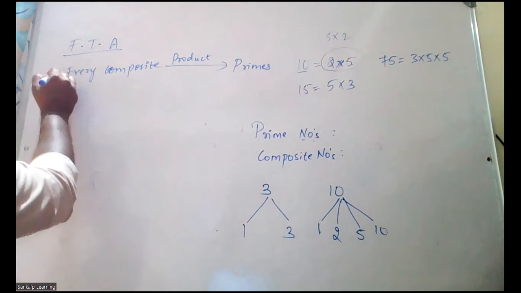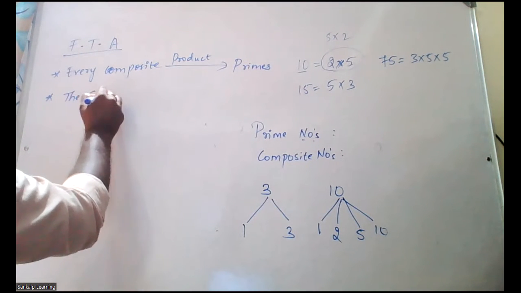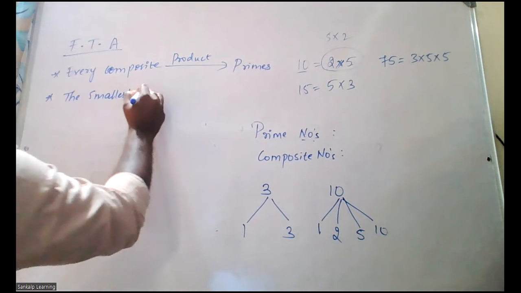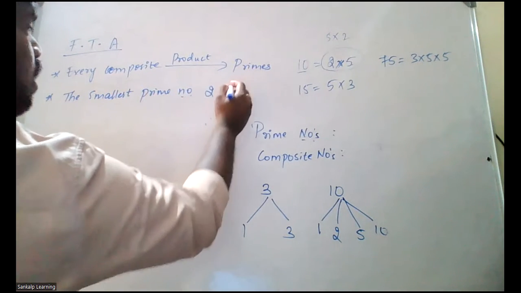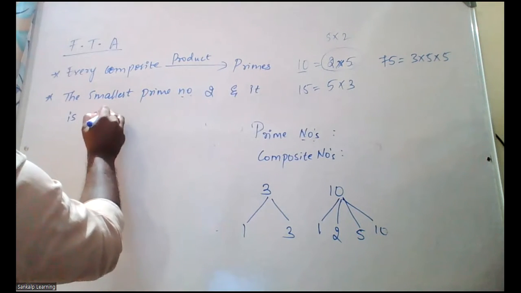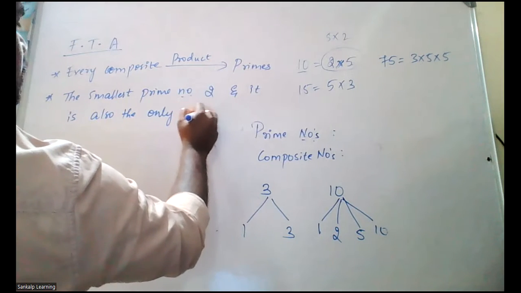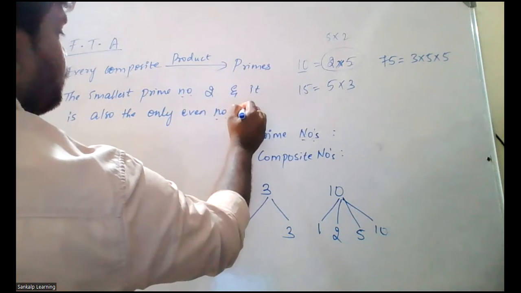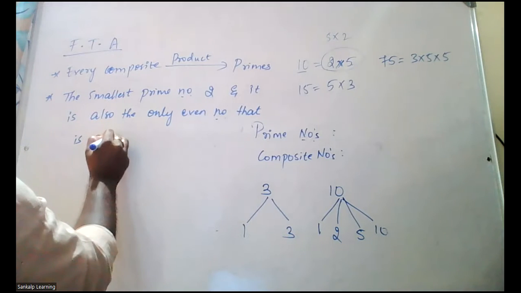Then the smallest prime number is 2, and it is also the only even number that is prime.